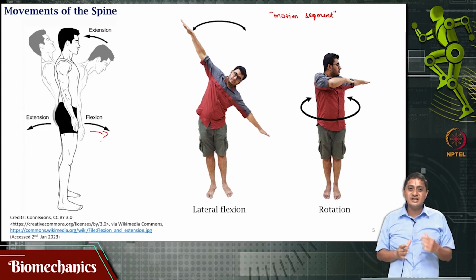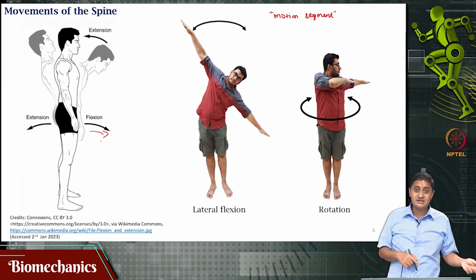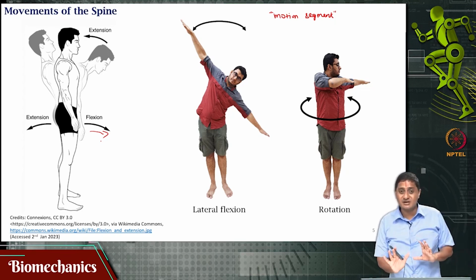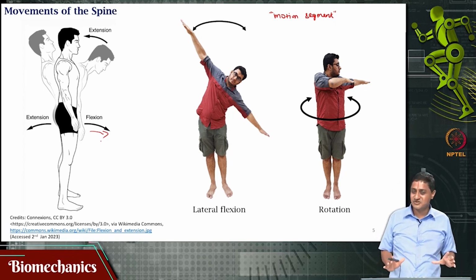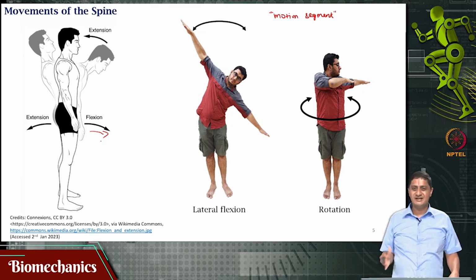There are constraints placed at the anatomical level because of various factors, such as what internal organs are present, to what extent these can move, and many other such constraints. Because of this, the net movement possible at the level of any vertebra changes. So, between two vertebra, or between any motion segment or multiple motion segments, the range of motion that is possible is different.